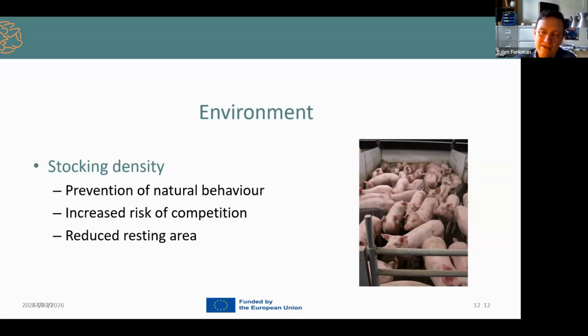But it also means that if you have a solid floor area in your pen, not a large proportion of the pigs will actually be able to lie down on the solid floor. They will be forced to lie down on the slatted floor, which in general is not good for them.